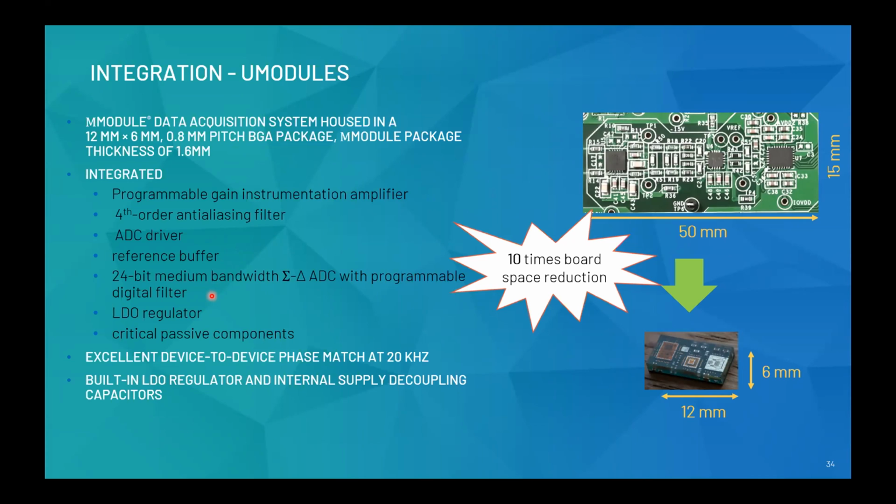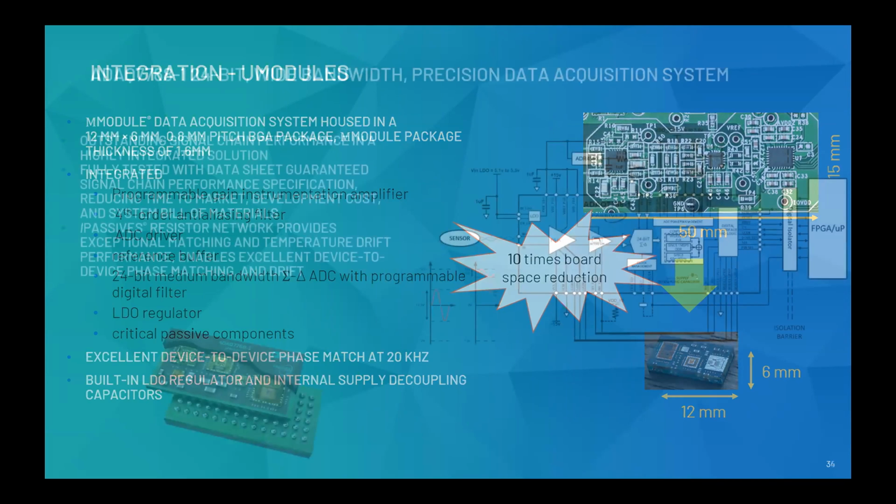The main advantage of this is that you get complete signal chain performance that is guaranteed by ADI. We have the complete signal chain integrated in a single package, and all the performance metrics are guaranteed in the datasheet itself. So it would look something similar over here.